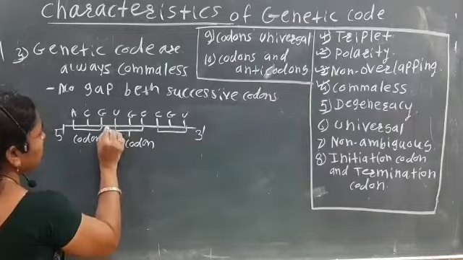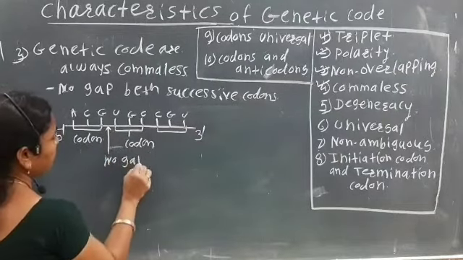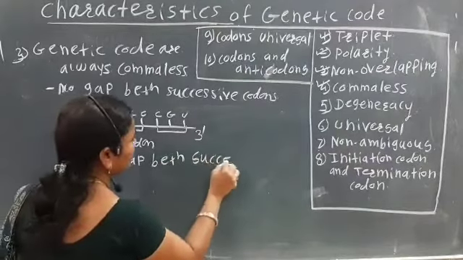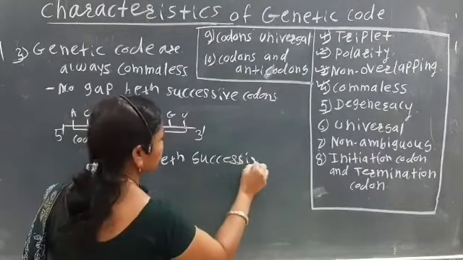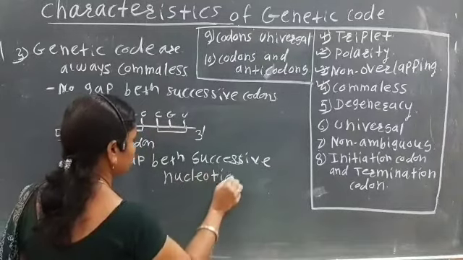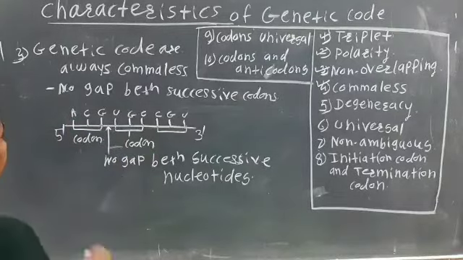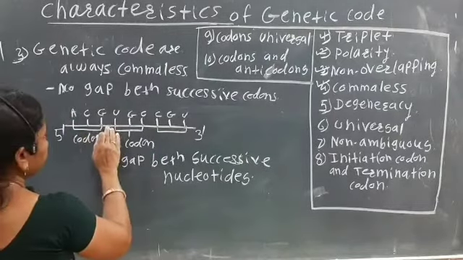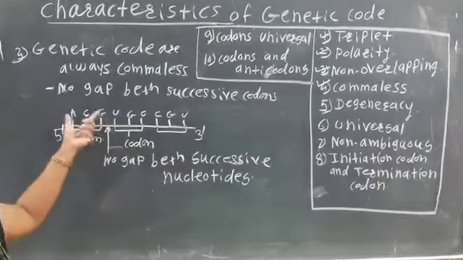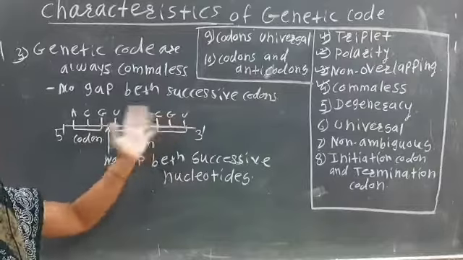No gap between successive nucleotides. म्हणजे या न्यूक्लियोटाइड्स मध्ये गॅप नसतो, हे सलग न्यूक्लियोटाइड्स असतात. आणि लक्षात, सो फर्स्ट 3 that is one codon, then 3 another codon, then 3 another codon, like this.